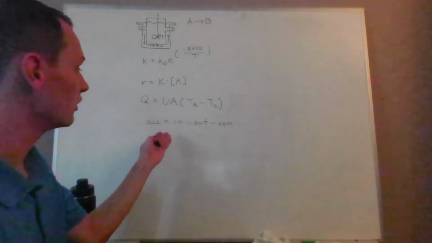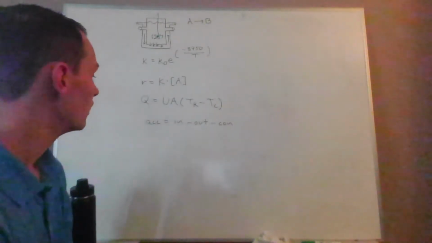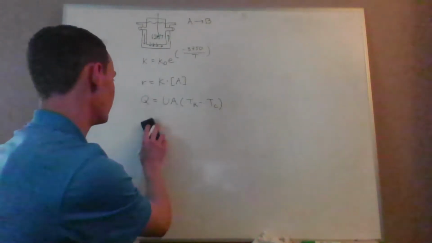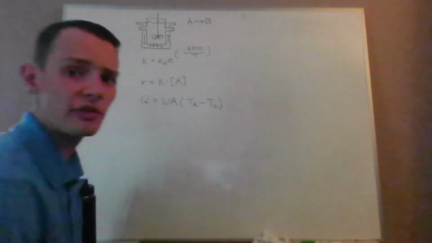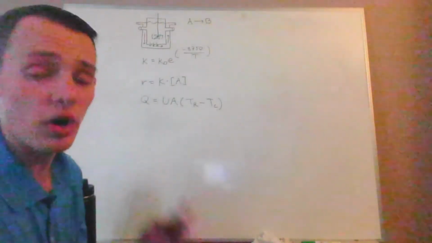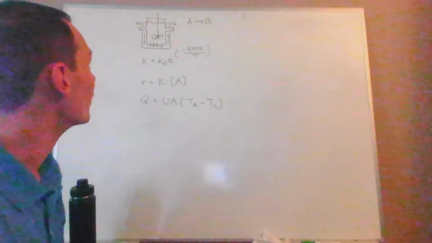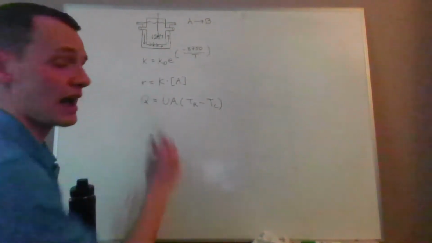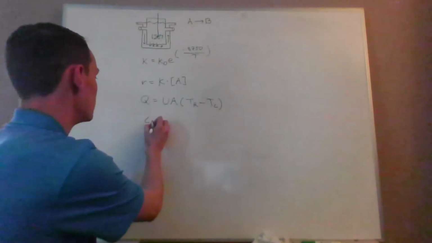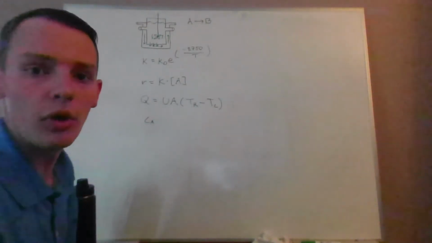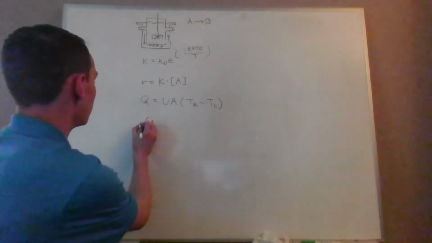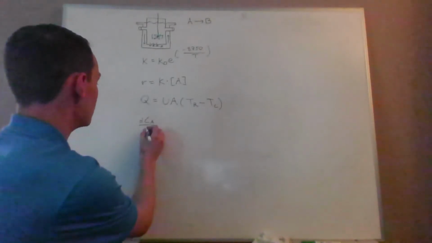So let's use this concept to make a differential equation for the concentration of A. And as I said before, I want to emphasize that we want mass. We're given A inside our reactor as the concentration, which means it's going to be in units of moles per liter, and we can express this as a differential, because it's going to be changing with time.